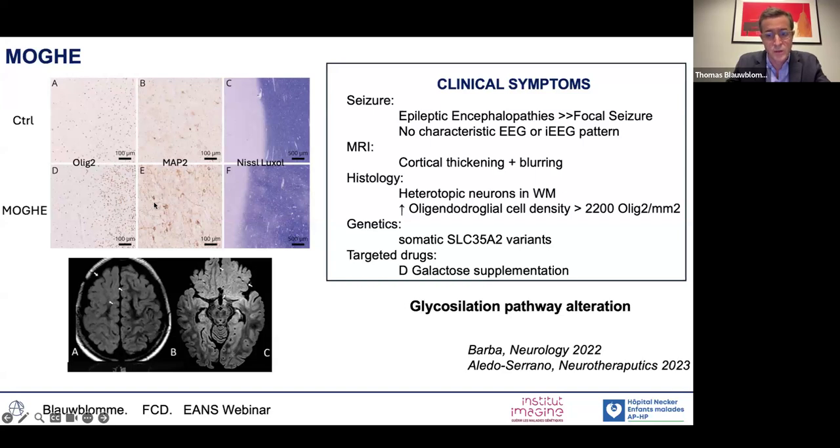You have more than 2,200 OLIG2 cells per square millimeter in the MOG. It's also associated with heterotopic neurons in the white matter, and this is what you see here in this MAP2 immunostaining. Here you have a normal patient, and here you see heterotopic neurons in the white matter. And the last thing is that you have vacuolization in the white matter that you see with this kind of holes in the white matter.